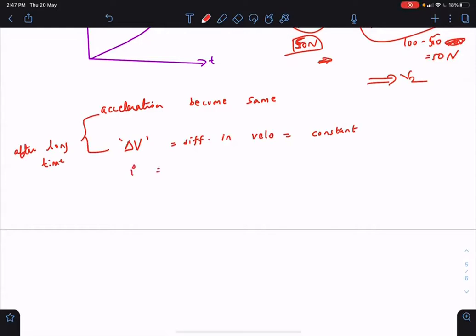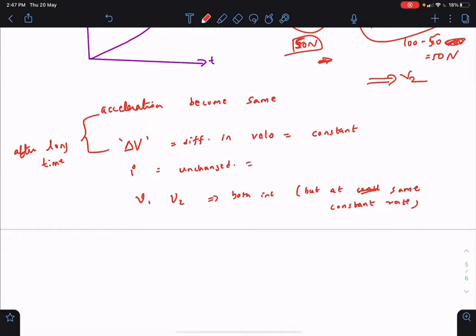So the current remains unchanged. But the velocity will keep increasing. Both velocities, V1 and V2, keep increasing, but at the same constant rate.